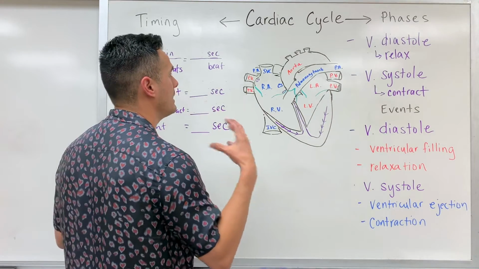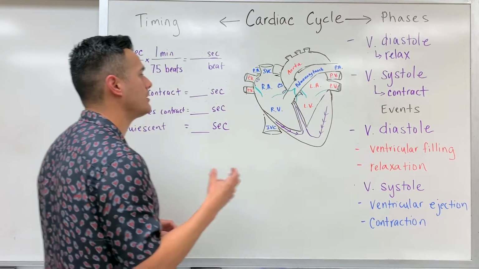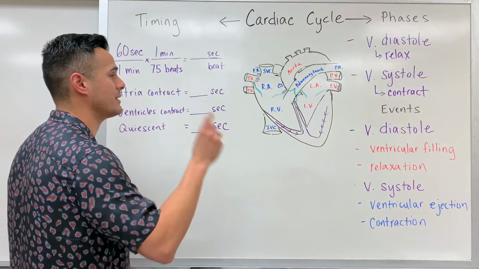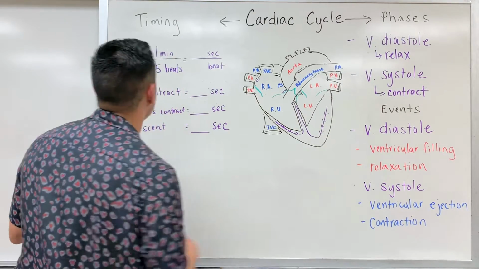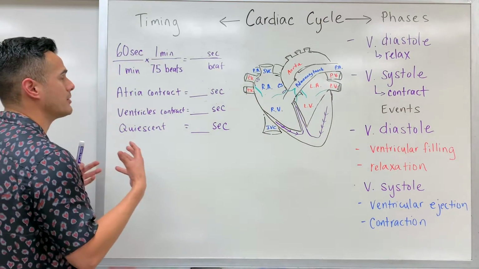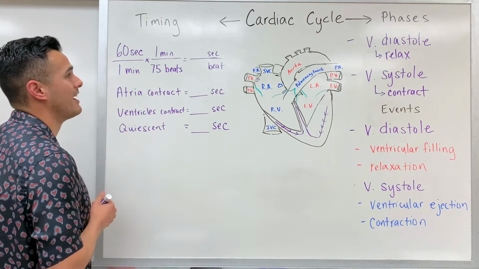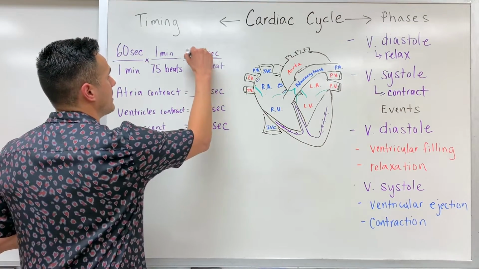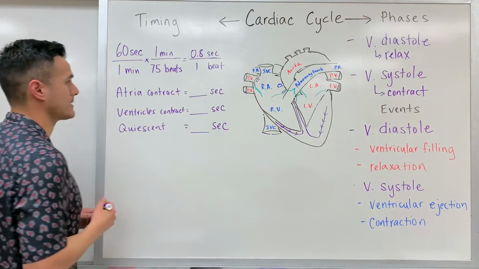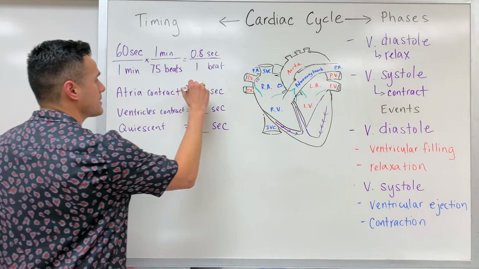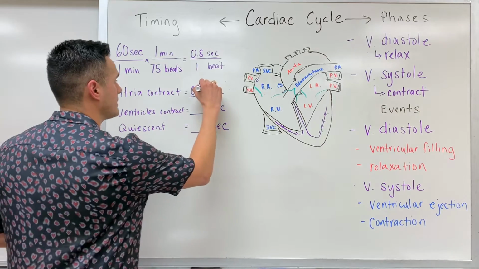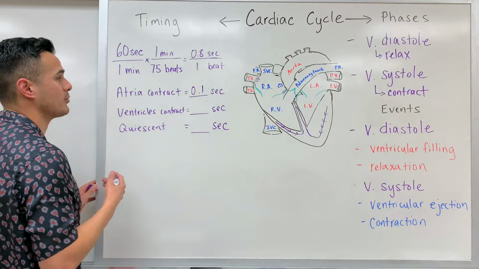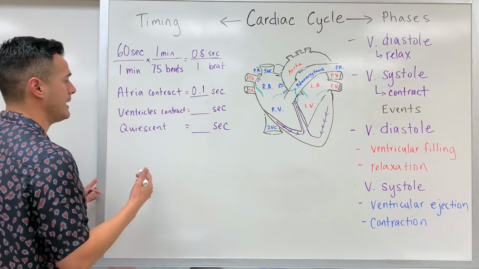Okay, so now let's take a look at what the specific timing is within one heartbeat. If we look at an average heartbeat of, let's say, 75 beats per minute, how long does one heartbeat take? Well, it takes about 0.8 seconds. During the first 0.1 second, the atria contract.